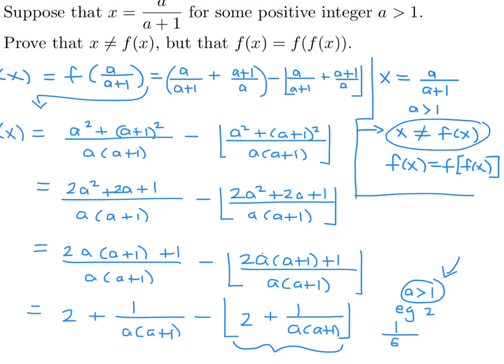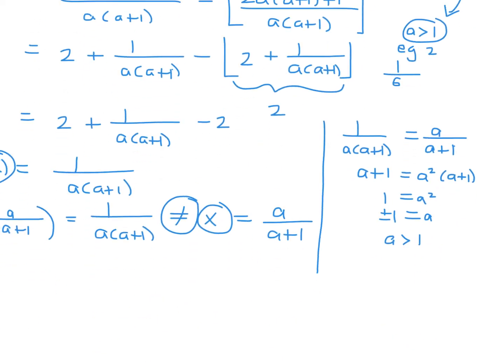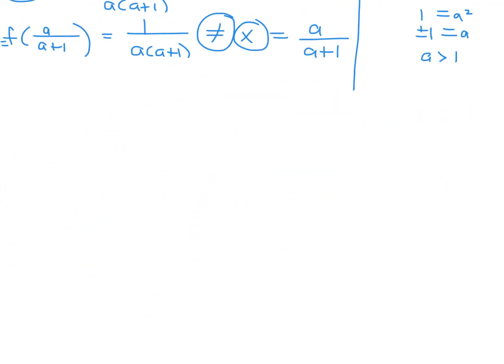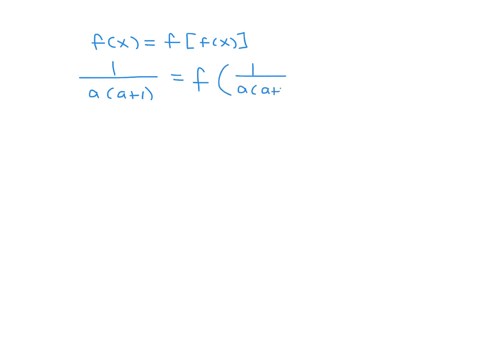Now we have to show this part, that f at x is indeed equal to f at x. Okay, so now we have to show that f at x is equal to f at x. So that basically means that f at x, which we have previously shown to be a times a plus 1, has to be equal to f at x, which is 1 over a times a plus 1.